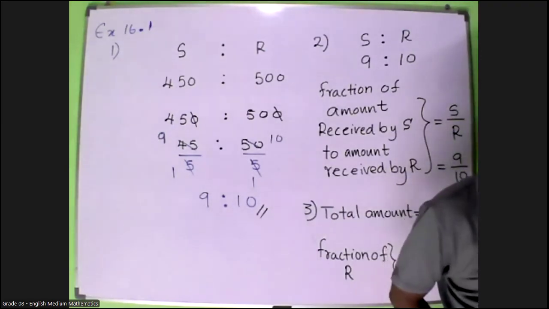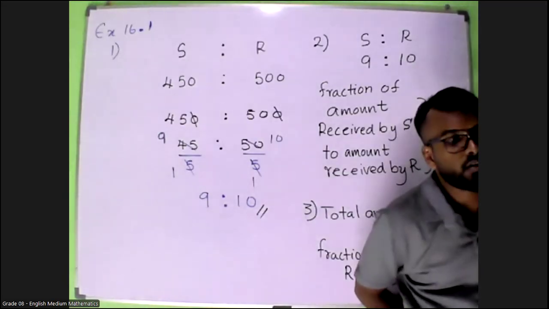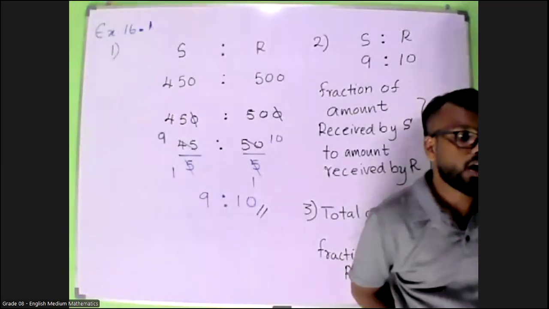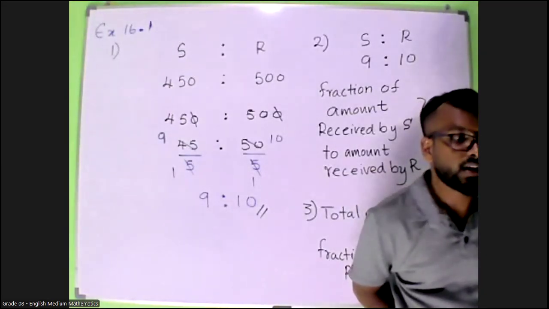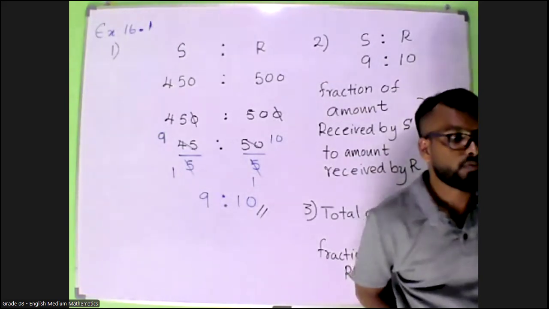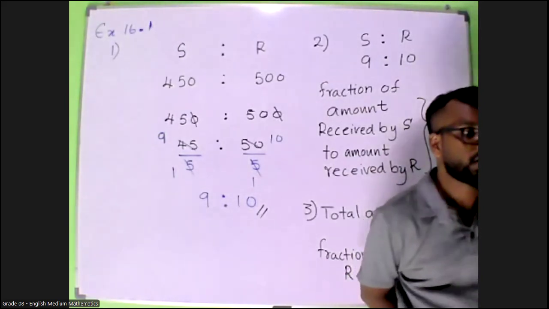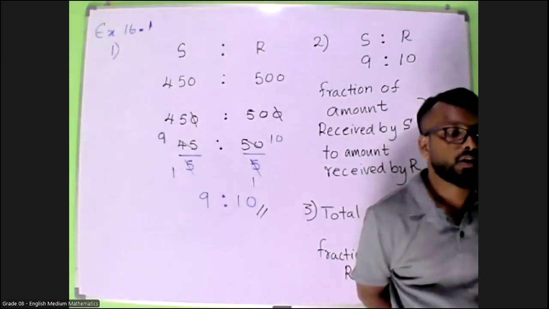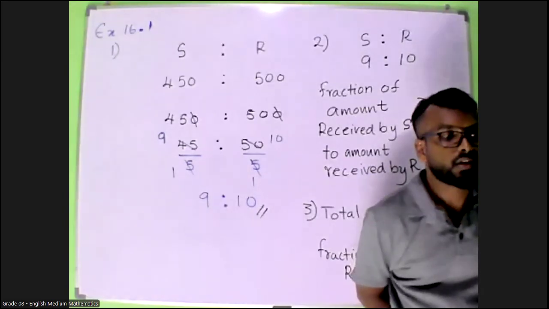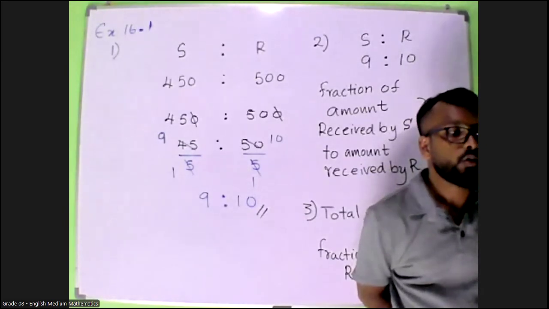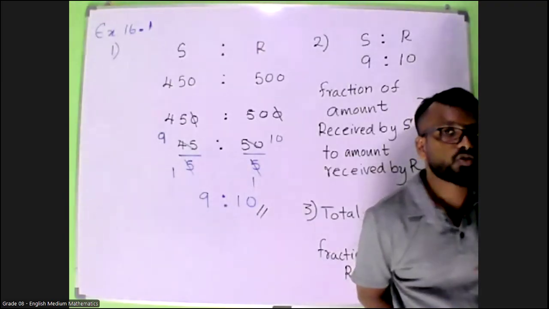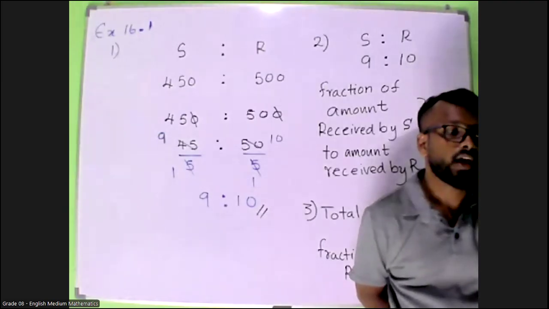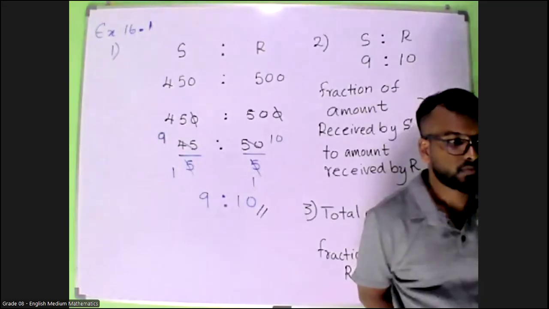In the second question they are asking what fraction of the amount that B received is the amount that A received. So you have to get the fraction like A divided by B. So we are going to compare shares of A to shares of B, right?